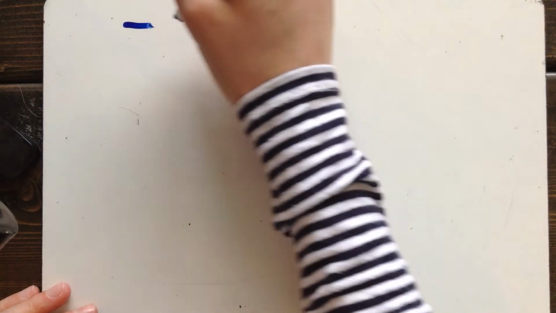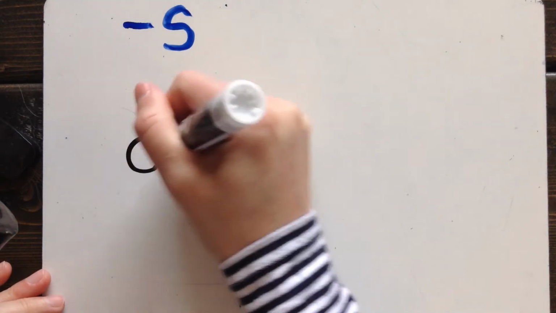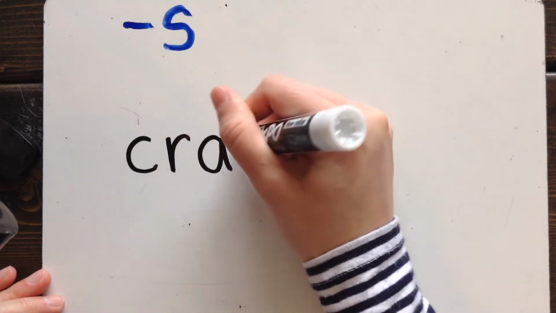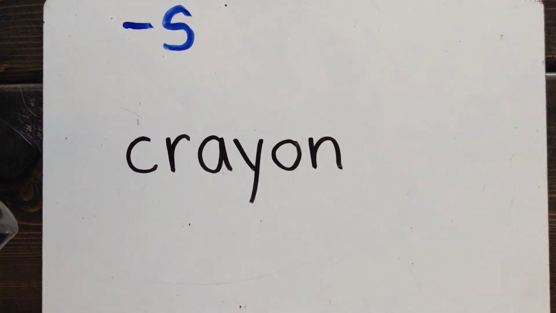The most common way to make a person, place, or thing plural is to follow this simple rule. Add s. Let's look at an example of a noun. This is a thing. It's a crayon. When you see the word crayon, you understand there is one crayon.